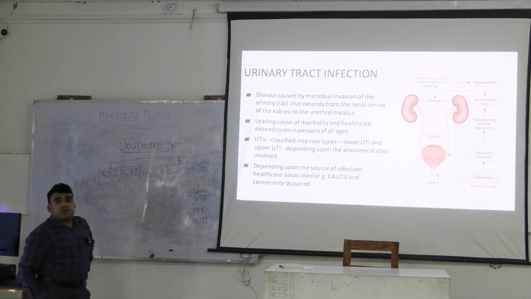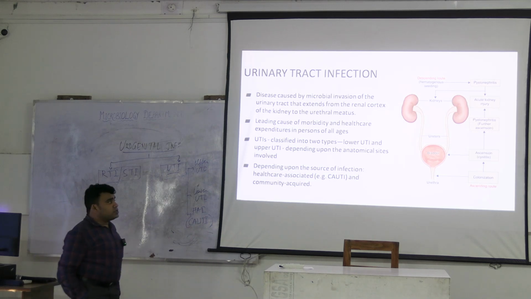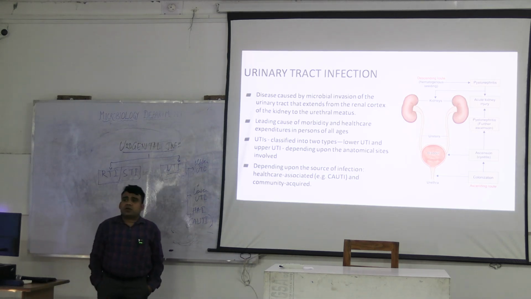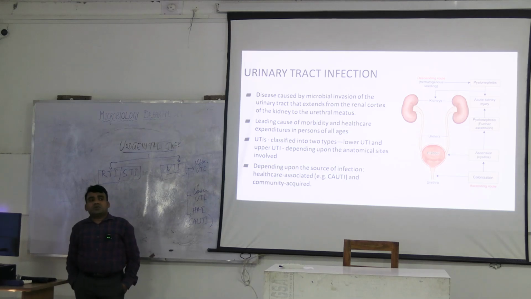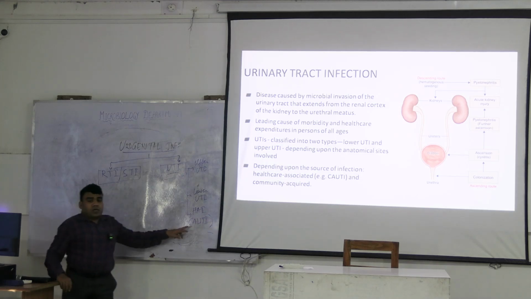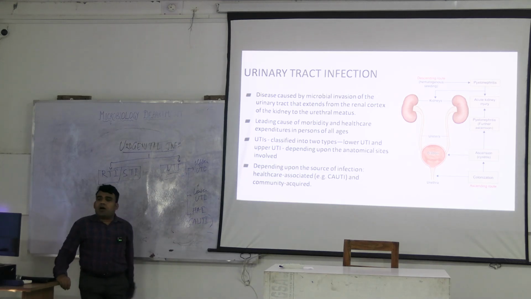Now coming to the lower urinary tract infection, if there is isolated infection of the bladder, we call it cystitis, or it could be an infection from bladder to urethra, which we call lower urinary tract infection, in which inflammation of the urethra we call urethritis. Now, one more important differentiation you should know is CAUTI, or catheter associated urinary tract infection.